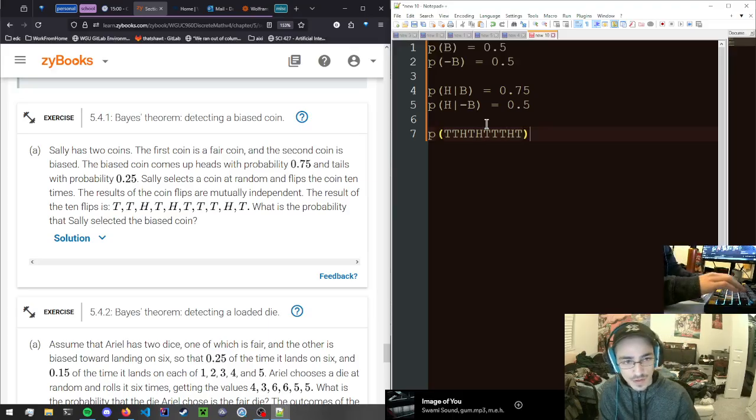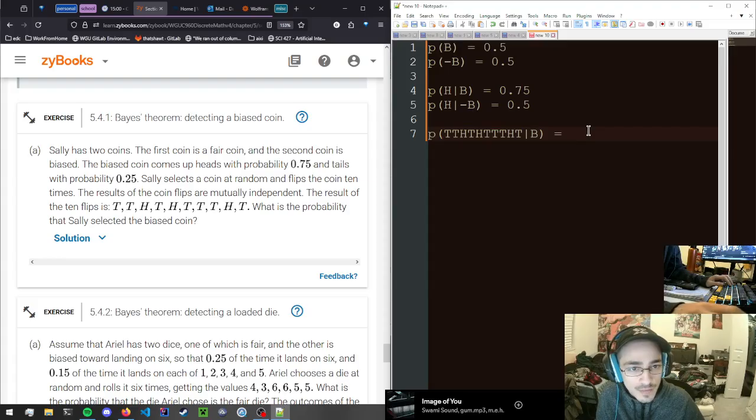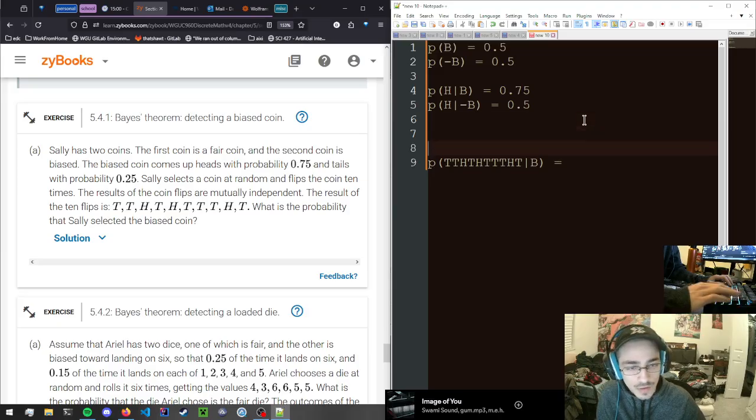Okay. So we want to know what is the chance that the coin is biased given this outcome. And all we've got to do is find these probabilities.